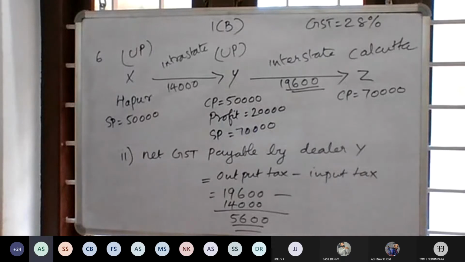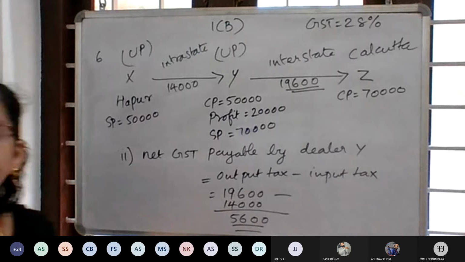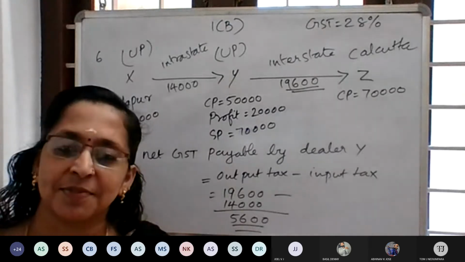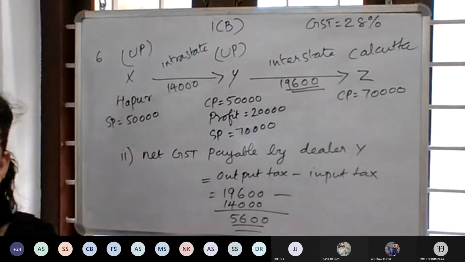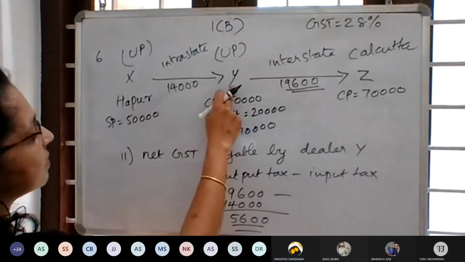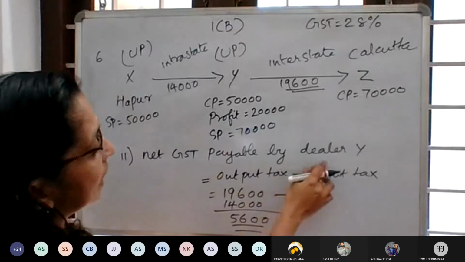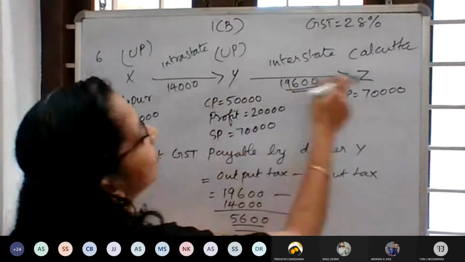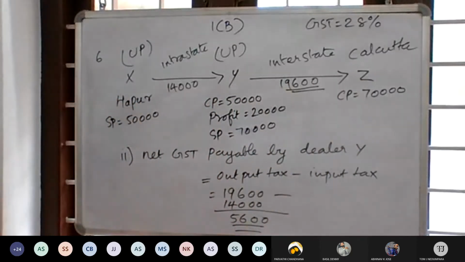Any doubt, girls? Net GST is output tax minus input tax. Net tax payable is asked for dealer Y, not Z. Here the transaction is going on again from Y to Z, so it will be 19,600 minus 14,000 itself.